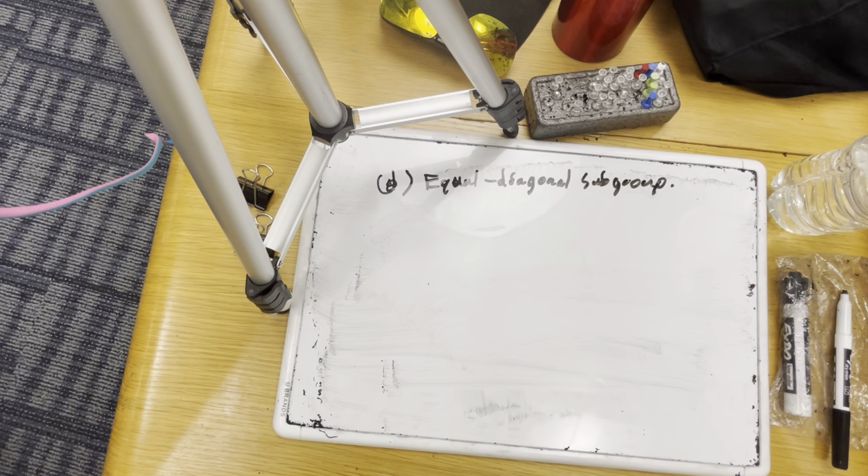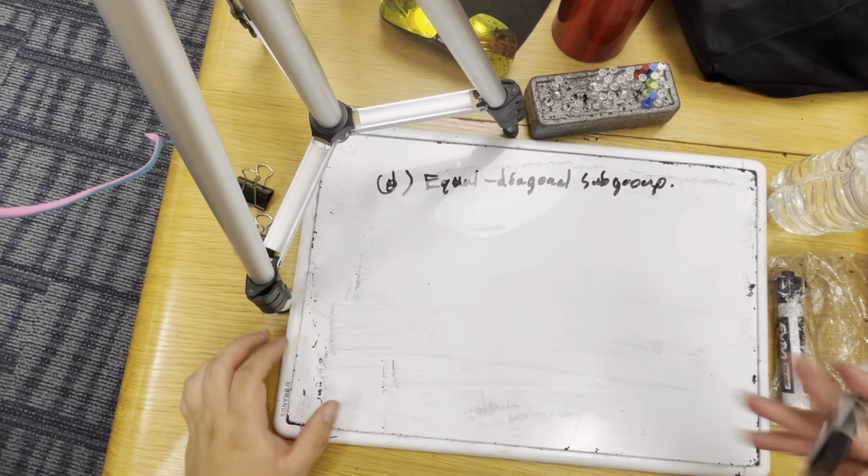Okay, so what did D say explicitly? Well, D said prove that the set of elements of G with equal diagonal entries, that is to say, the case in which A is equal to C, is also a subgroup of the general linear group with degree 2 over the reals.